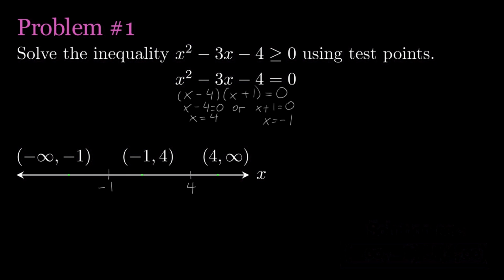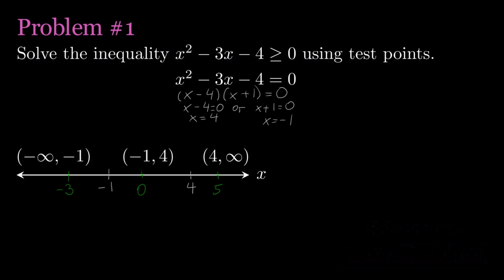Let's say to the left of -1, I will choose -3. In the middle, I will choose 0. And to the right, I will choose 5. Again, don't pay much attention to the unit lengths on this real number line. It's only a matter of proper placement of those numbers with respect to each other to know which test point belongs to which interval.